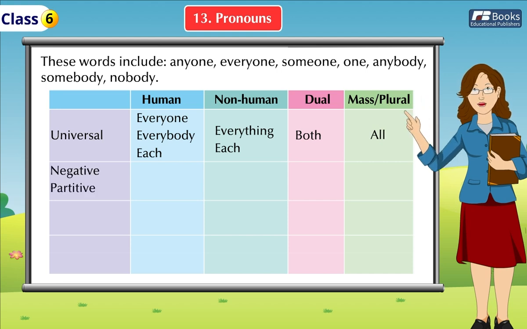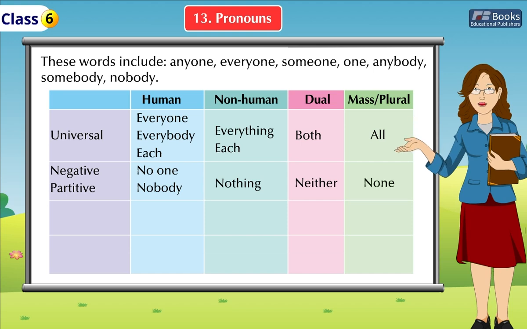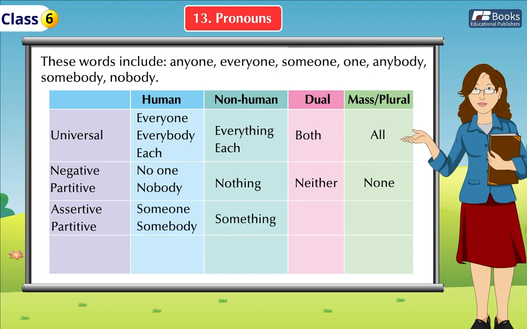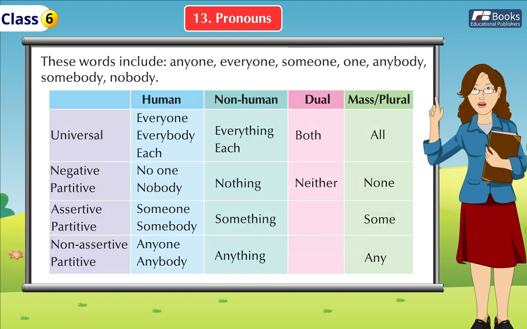Negative: human, no one, nobody. Non-human: nothing. Dual: neither. Mass, plural: none. Assertive: human, someone, somebody. Non-human: something. Mass, plural: some. Non-assertive: human, anyone, anybody. Non-human: anything. Mass, plural: any.